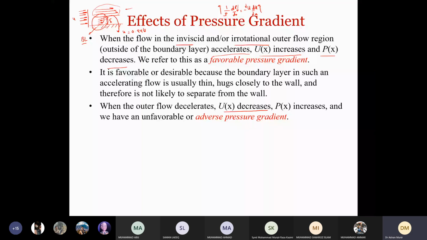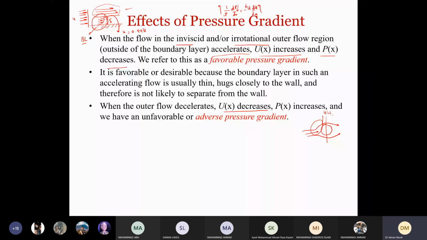Another example of favorable and adverse pressure gradient is a circular cylinder. When the flow is moving around the cylinder, at this point the flow is irrotational before it strikes the cylinder, or even when it strikes the cylinder and is moving at this point here, u_x will be increasing and p_x will be decreasing.